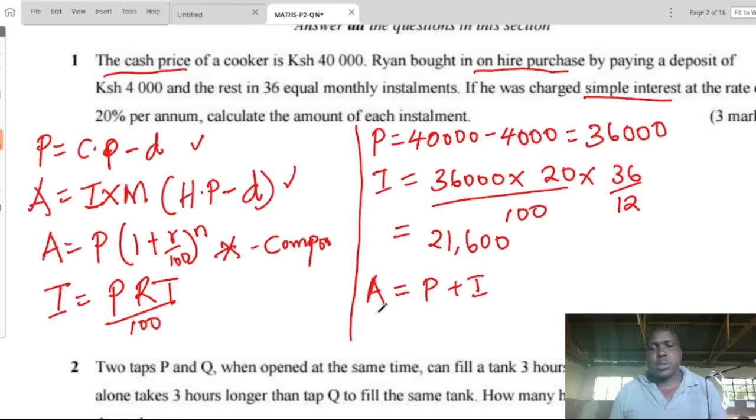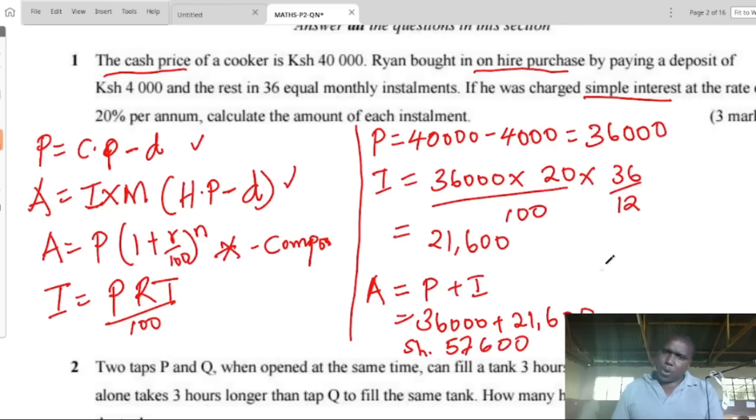So the amount is equal to principal, which is 36,000, plus interest, which is 21,600. And now the answer is Kenya shillings 57,600. Now we have gotten the amount.